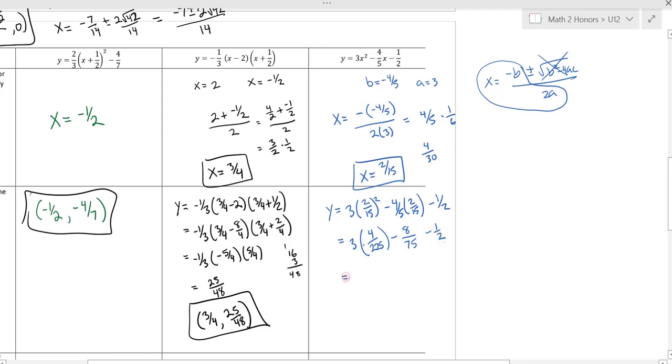Keep going. The first one is going to be 12 over 225 minus, I'm going to multiply top and bottom by 3 to get a common denominator. So 75 times 3 is 225. 8 times 3 is 24. Minus a half again.